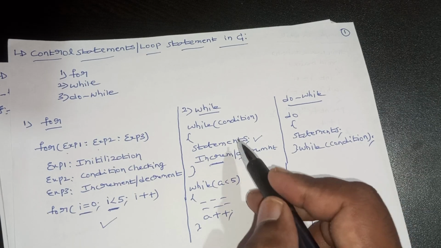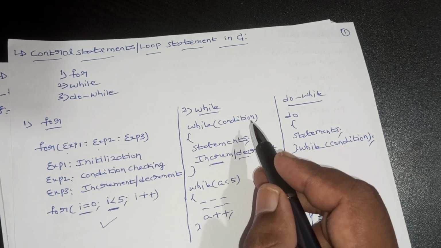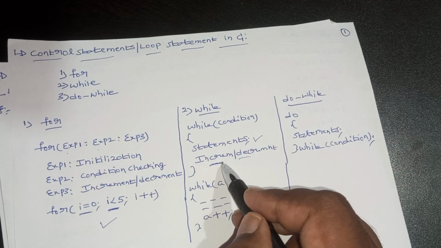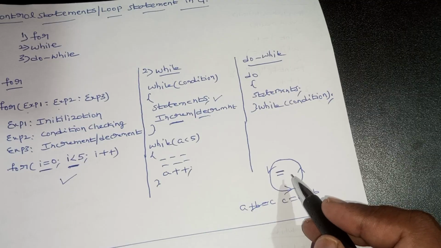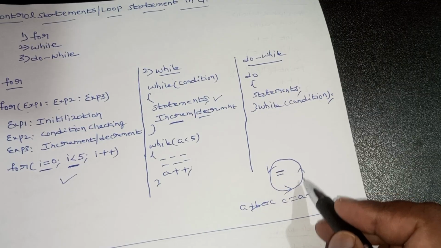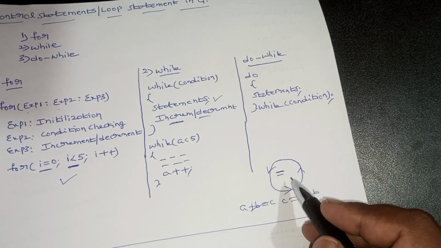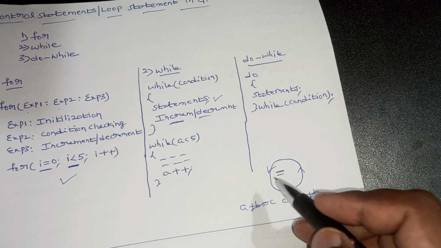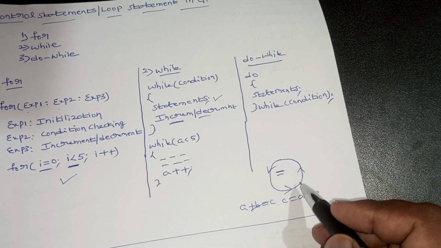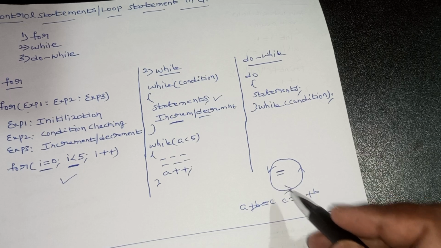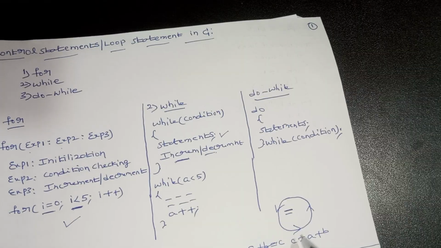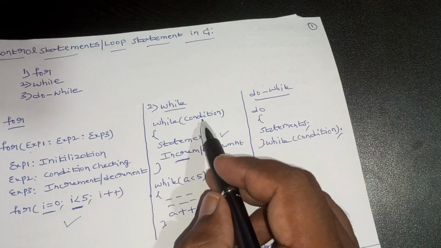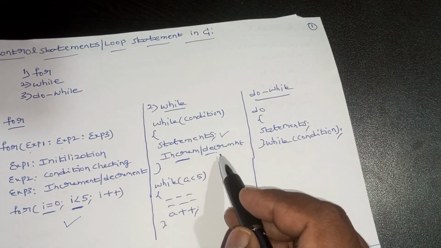Why? Because I want to make the condition false at some point of time. If you don't use the increment or decrement, this loop is an infinite loop, which means it is going to execute an infinite number of times. Always make a note: the loop must be executed only some n number of times, not infinite times. So if you want to make the condition false, I have to use an increment or decrement operation.